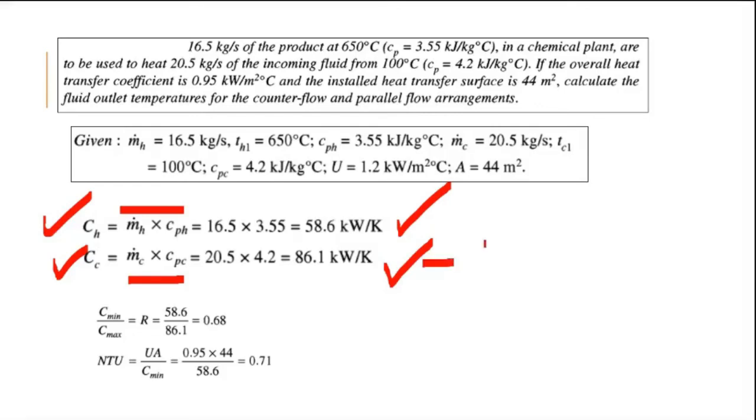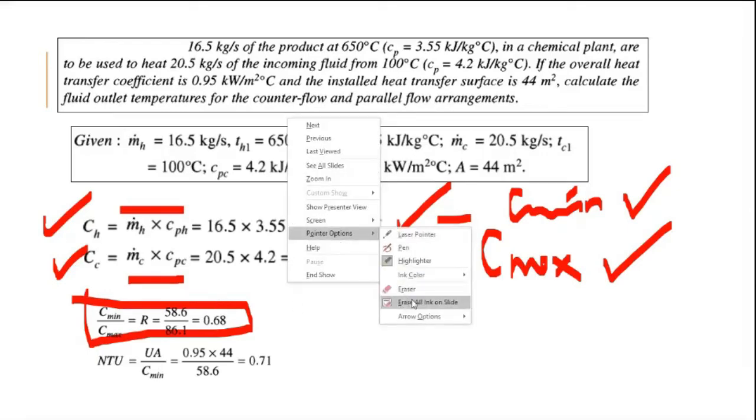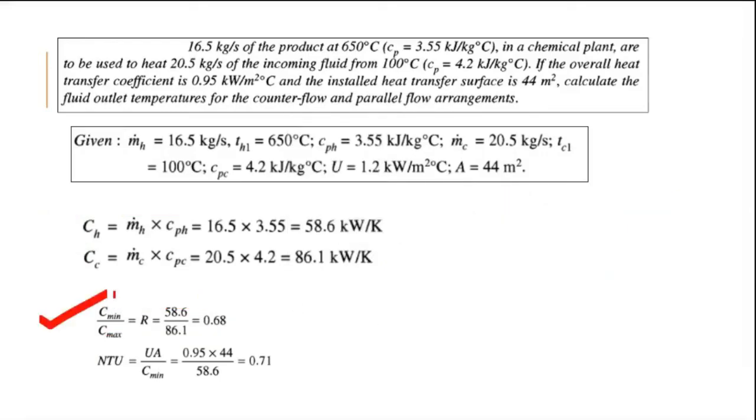CC is maximum, sir. So we can give it an annotation that this is C max and this value is C minimum. Since we have the value for C minimum and C maximum, we can find out the capacity ratio. So this capacity ratio R will be equal to C min by C max, and this is equal to 58.6 divided by 86.1. So we are done with the R value. We are getting that R is equal to 0.68.